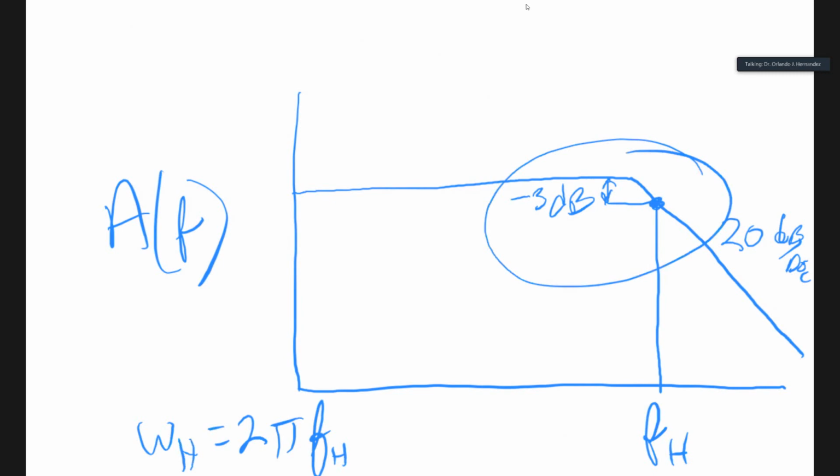And you may have another zero or pole down here, but it doesn't really matter at that point. Normally, this is the characteristic that we're talking about. Does that answer the question? Yeah, it does. Thank you.